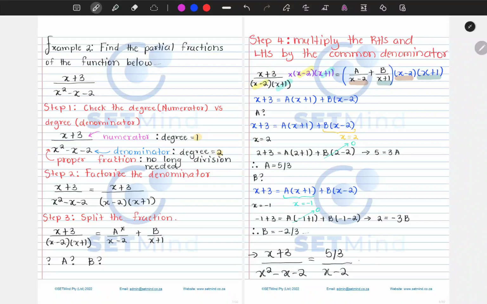And then for b, we have plus negative 2 divided by 3, and this is all divided by x plus 1. This is our function after splitting it using partial fractions. So let's go and have a look at example number 3.